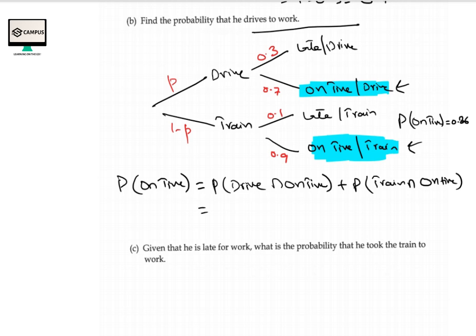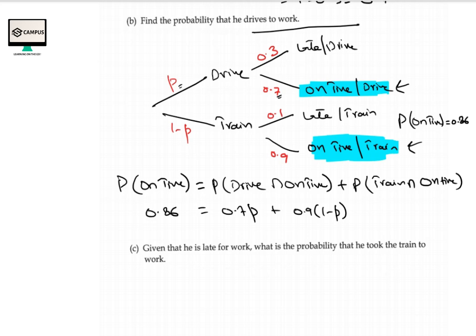So for the first part, the probability of drive intersection on time is equal to 0.7 p, the product of 0.7 and the probability p, plus for the second part, the probability of train intersection on time is equal to 0.9 multiplied by 1 minus p, and this all is equal to 0.86.